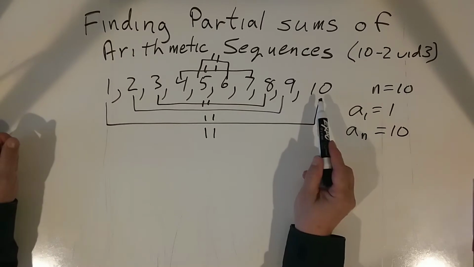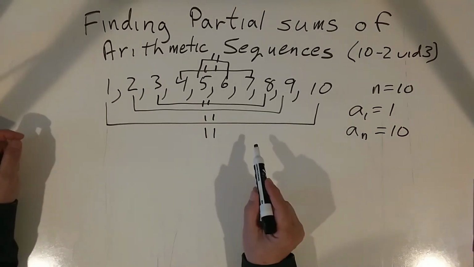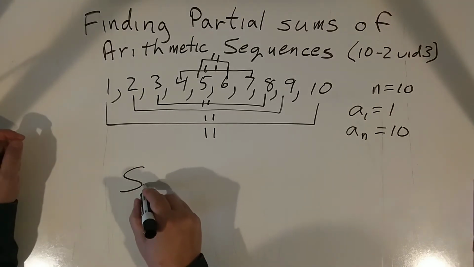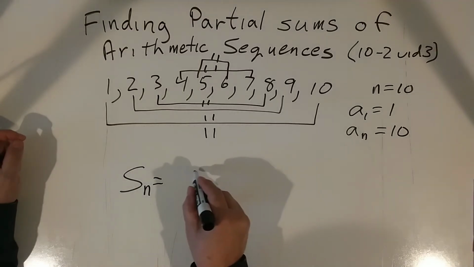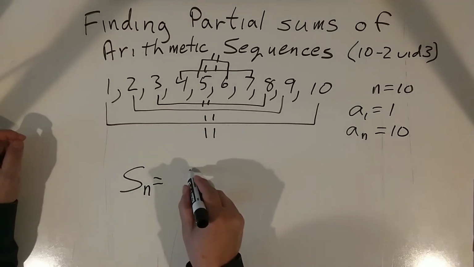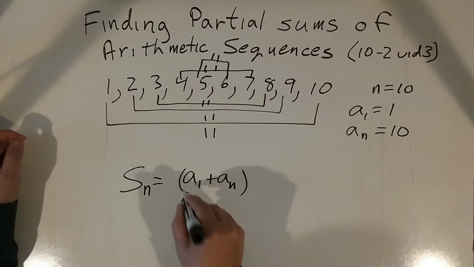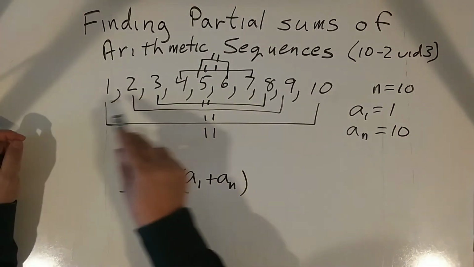This leads us to an interesting approach to finding the sum of an arithmetic sequence. The sum of an arithmetic sequence can be found by adding the last term and the first term. And then notice that I have half as many of these sums as I did in the sequence.